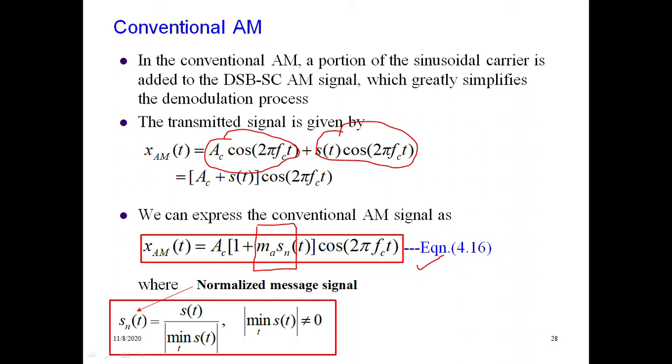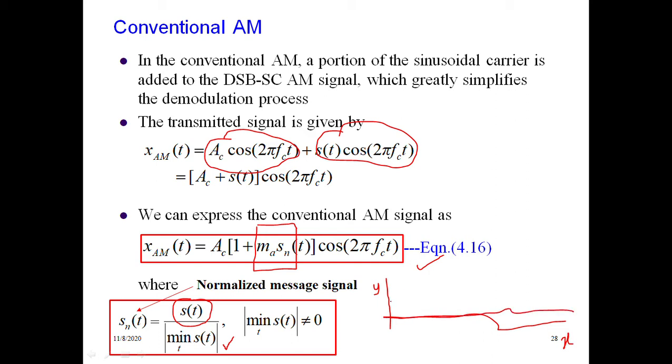How do we find the normalized message signal sn(t)? By finding the signal s(t) divided by the minimum value of s(t). For example, if we have a signal, this is X, this is Y, and this should be a straight line.